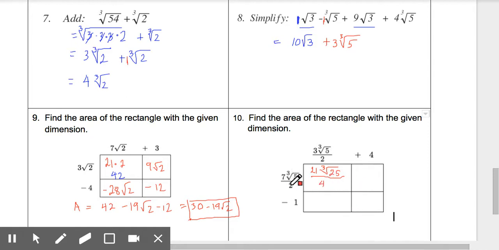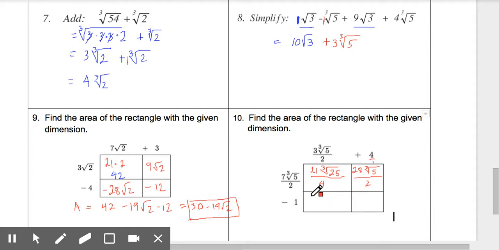Okay, now we go to the next small rectangle. So we can put a 1 underneath this. And so we multiply top by the top, bottom by the bottom. So we'll have 7 times 4 is 28. Cube root of 5 over 2 times 1 is 2.